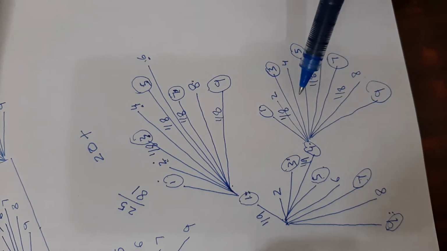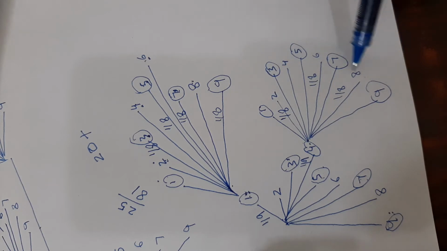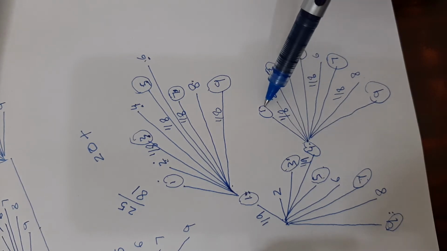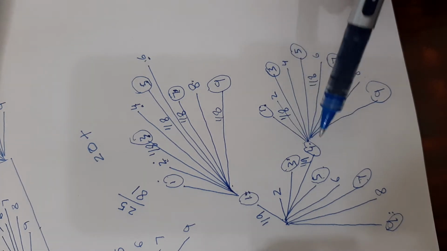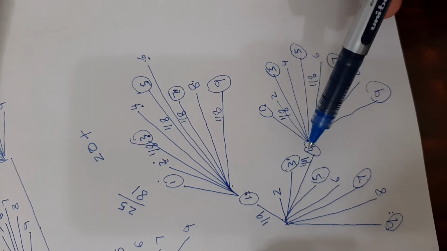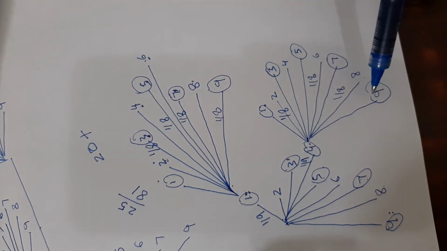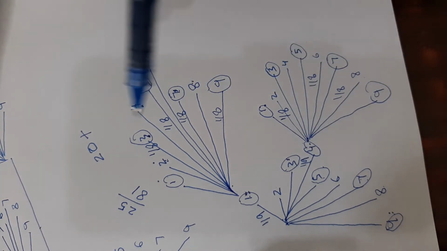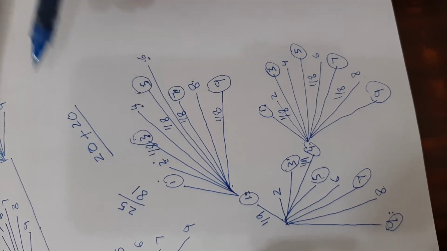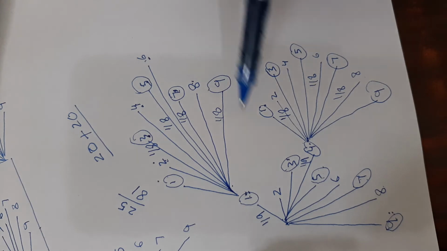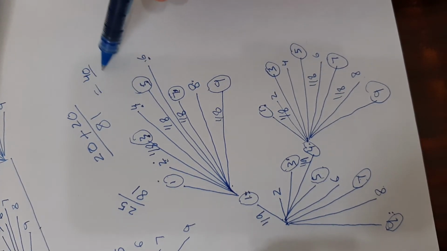So a diagram in which the first number is even has 5 outcomes with the second number odd, and even-number diagrams are total 4: 2, 4, 6, 8. One diagram has 5 outcomes, so 4 diagrams will have 5 into 4, 20 outcomes. However, total outcomes are 81, 9 from each diagram, so your answer will be 40 over 81.